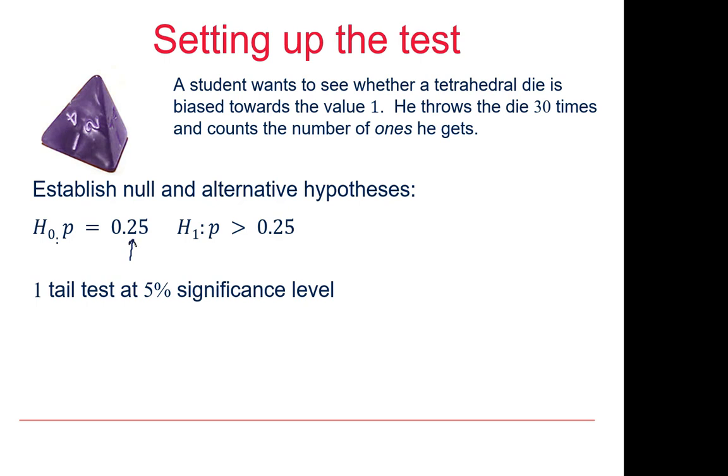So that would be P, the probability of obtaining a 1 is 0.25, and our alternative, if it's biased towards the value 1, would be that P, the probability of obtaining the result 1, is greater than 0.25. And this is a one-tailed test, and we're carrying this out at the 5% significance level.